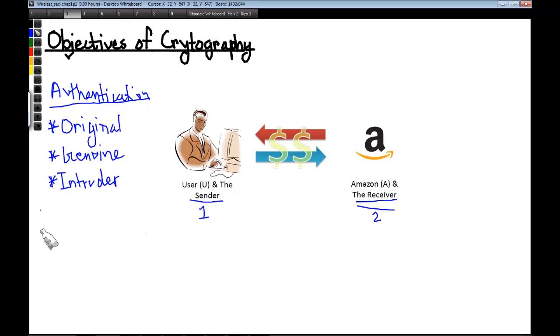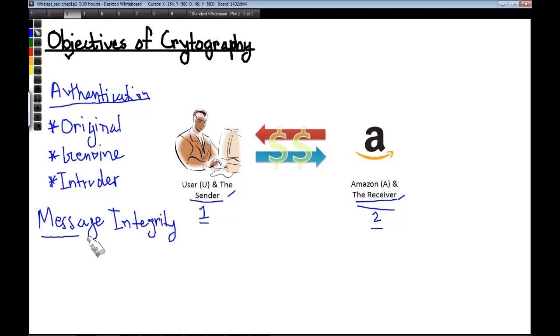So the next thing we'll talk about is message integrity. In message integrity, the data being transferred between the sender and the receiver, or the first node and the second node, needs to be authentic first of all, and it must only be manipulated by the sender or the receiver.